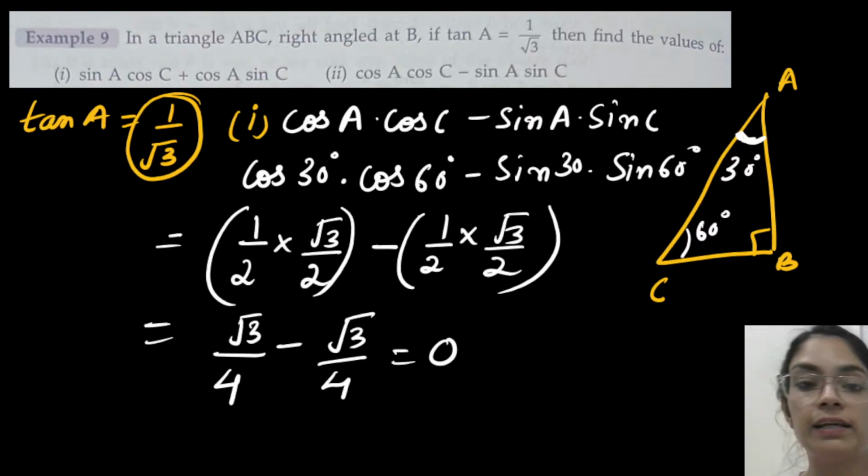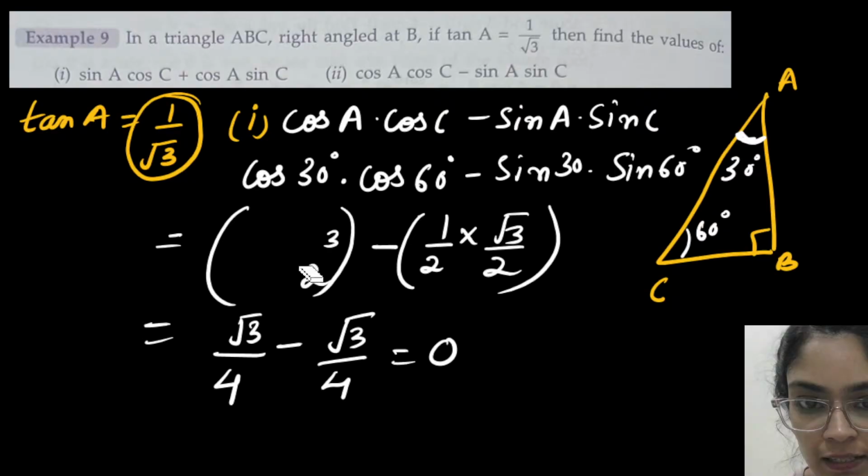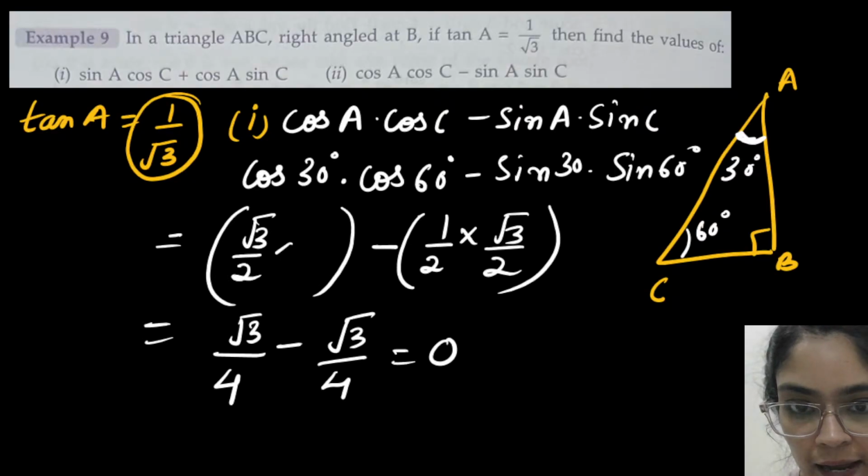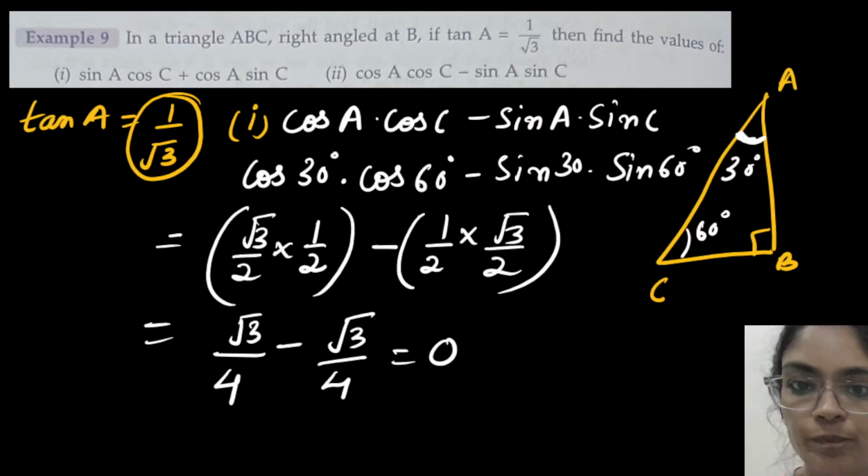Yes, Shashank, you wrote the second one's answer as 1 by 4. It's not 1 by 4, it is 0. Just see where you went wrong. Cos 30 is, yes, I just wrote by mistake. Cos 30 is root 3 by 2 and cos 60 is 1 by 2.